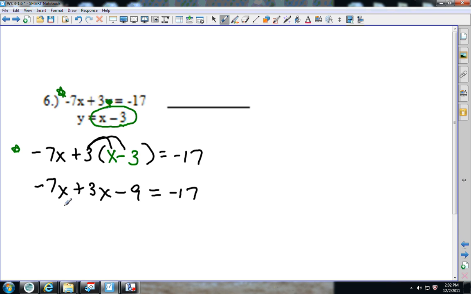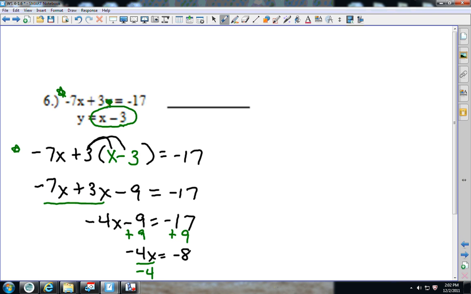To solve from here, put your x's together. I get negative 4x minus 9 equals negative 17. Add 9 to each side. Negative 4x equals negative 8. Divide by negative 4. X equals 2.